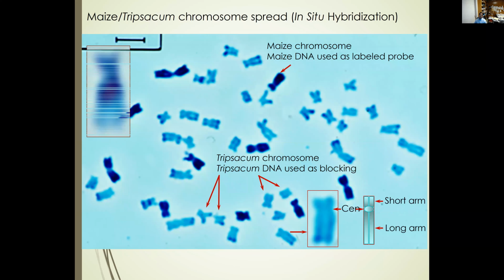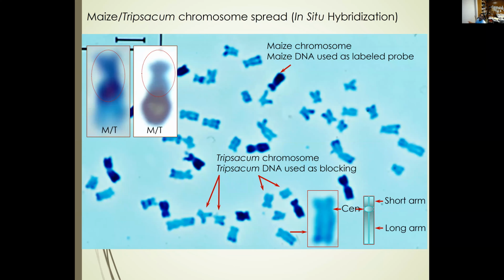Here is another example, a maize-Tripsacum F1. That's when I was at CIMMYT. That was the main project: to identify the Tripsacum chromosomes in a maize background. And accidentally, I should say accidentally, we found a translocation between maize and Tripsacum chromosomes. When I first showed this cell, well, if time comes back, I'll go into details in a later seminar.